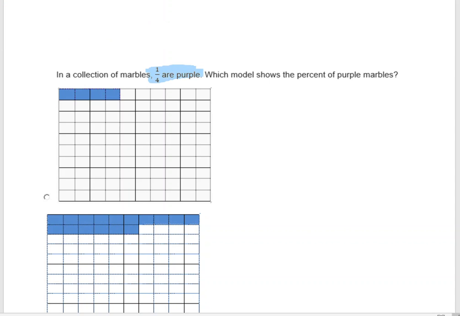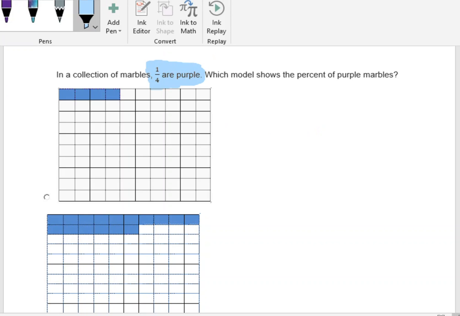And again, going back to the models. So in this example, which is a little different than what you saw, but the same concept, I'm using 1/4 of the marbles are purple. So we look at these diagrams and we want to know, which one of these diagrams represents the same as 1/4?